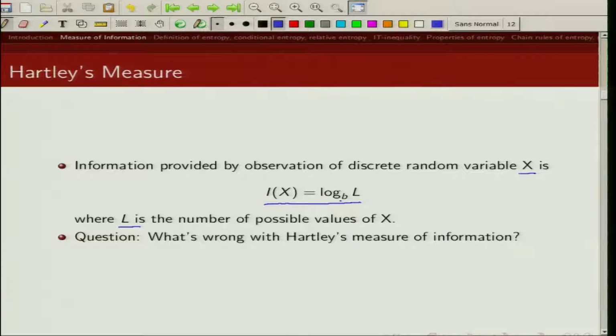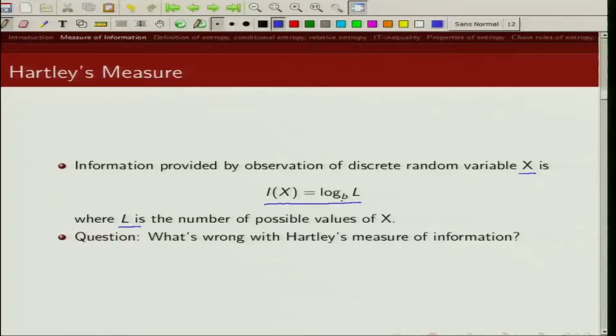If B is 2, we define information in terms of bits. If it is natural log, we define it in terms of nats.